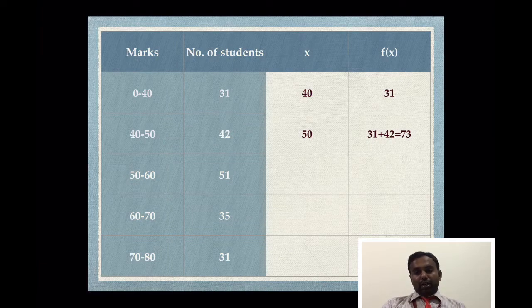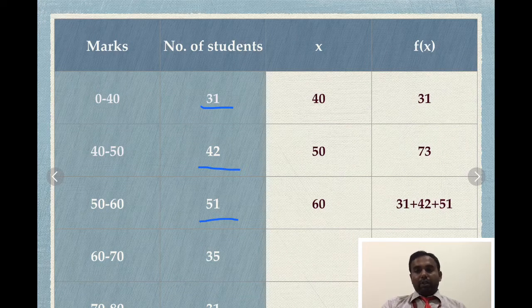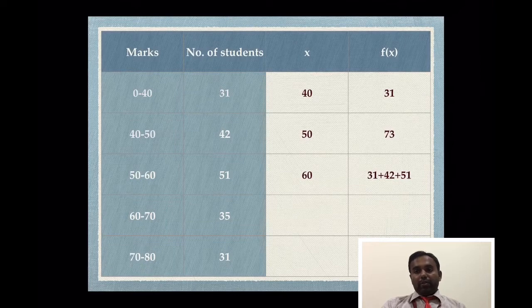Now for the next range, I will take below 60, and that would obviously be 31 plus 42 plus 51, which is 124.